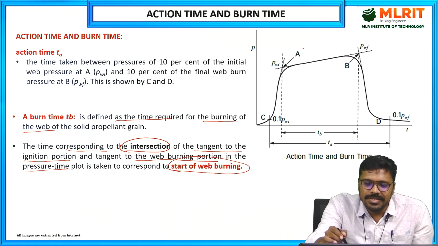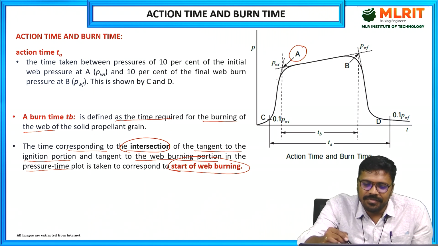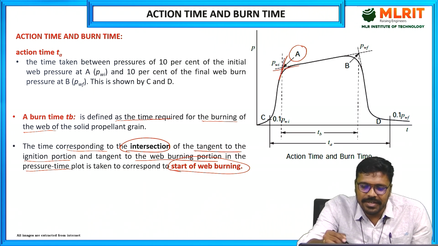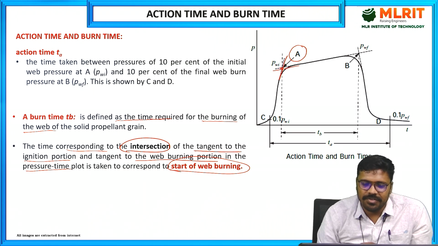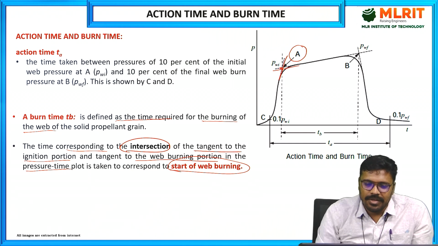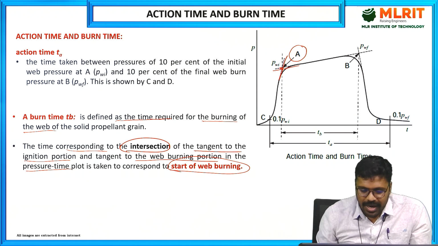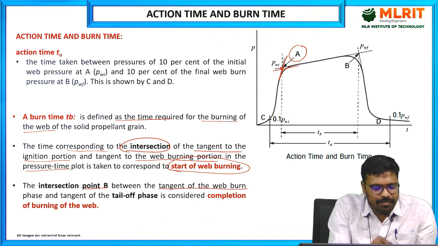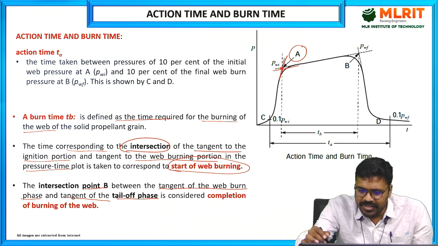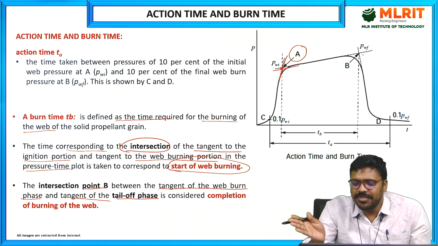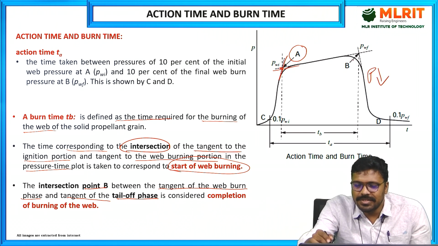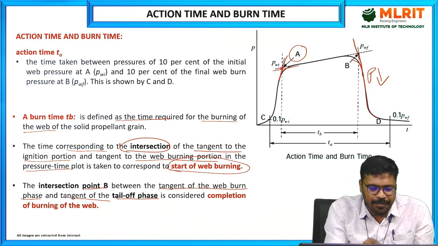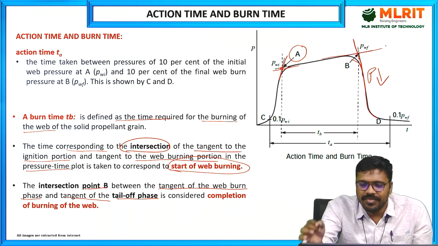This is the starting of web burning, which is the intersection of the two lines drawn to the pressure-time plot, and the intersection at point B between the tangent of the web burn phase and the tangent of the tail off phase. Tail off phase means the point after which the pressure starts decreasing. This is the tail off phase. This is the tangent drawn at the tail off phase, and this is the tangent drawn at the web burn phase.